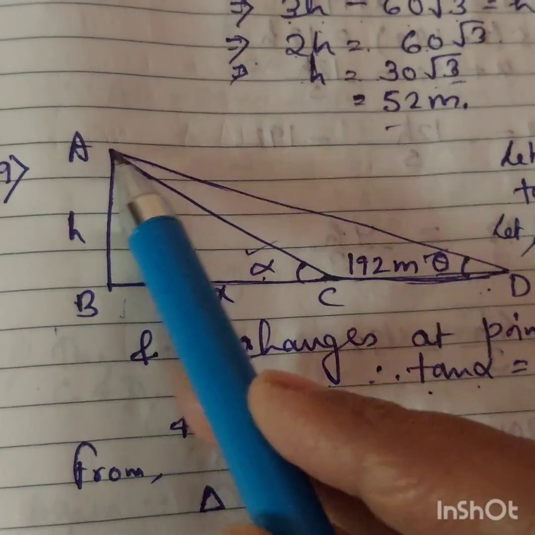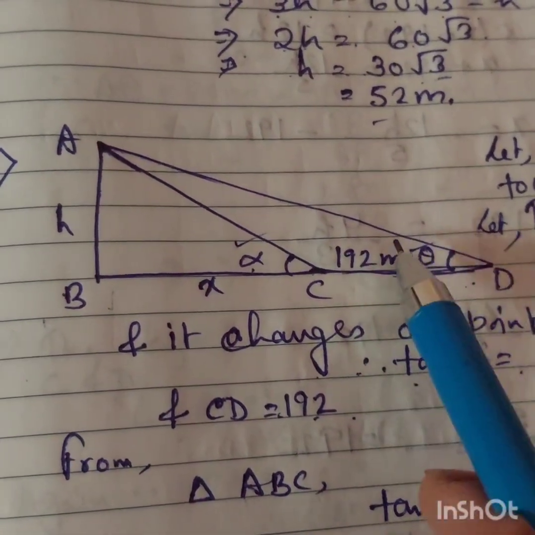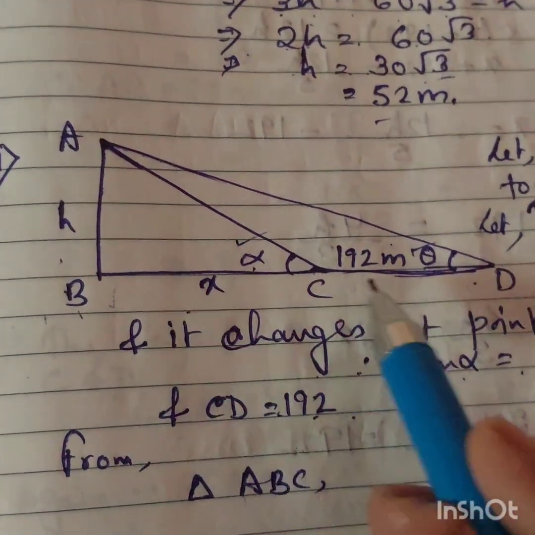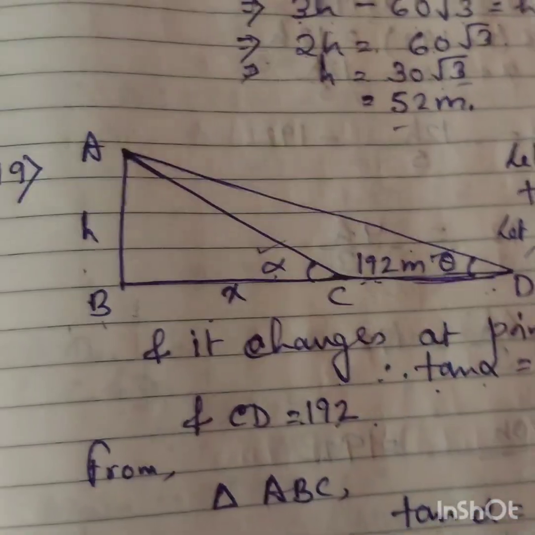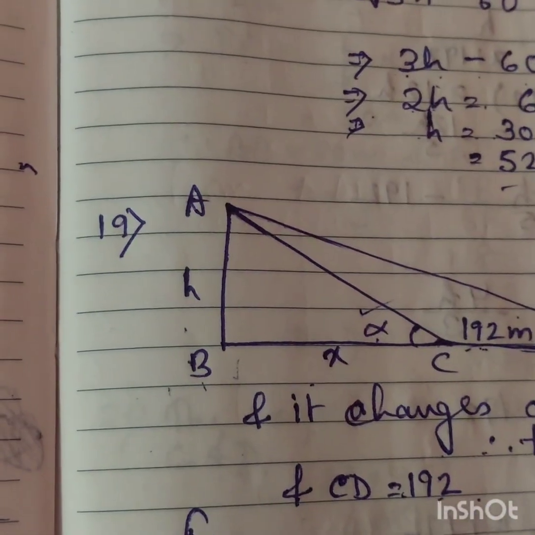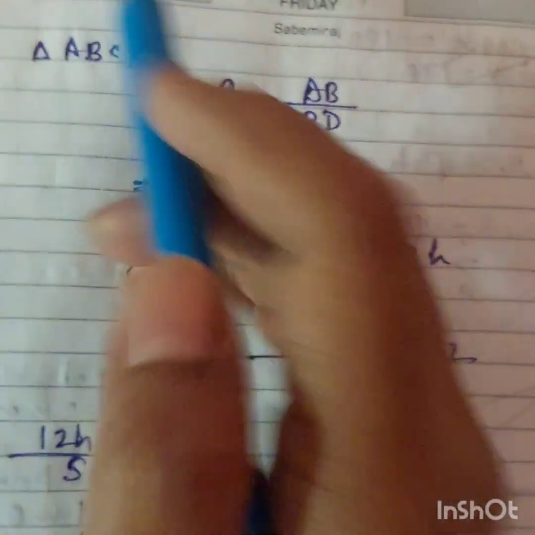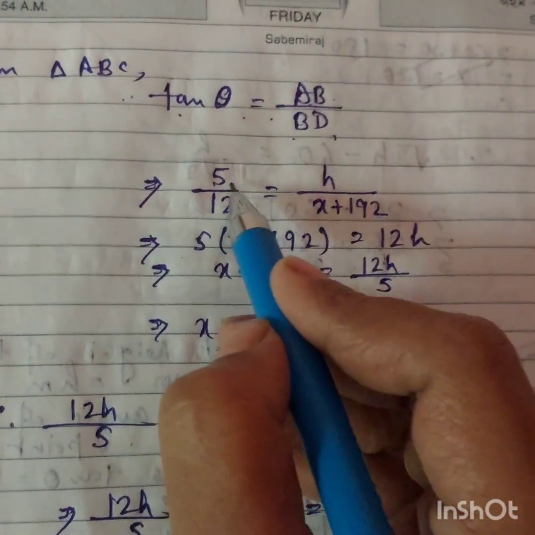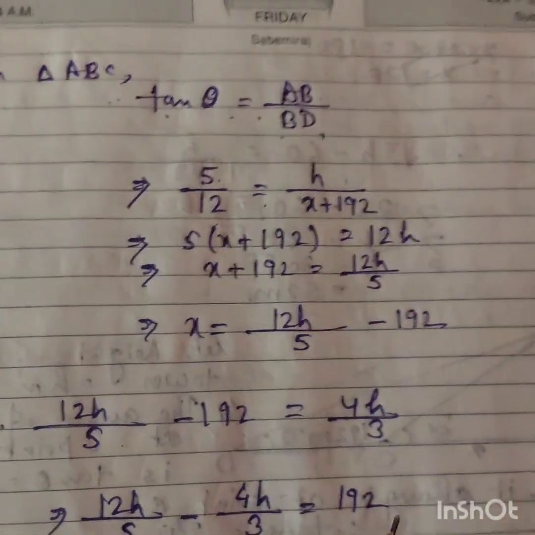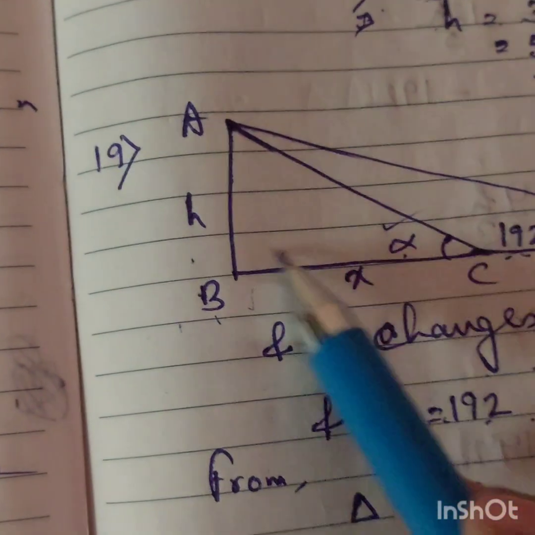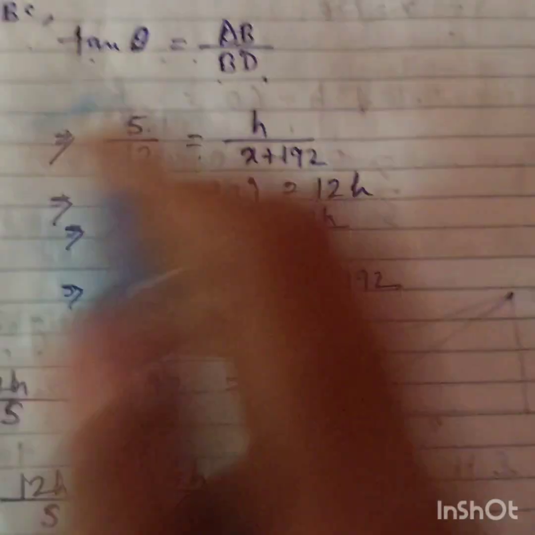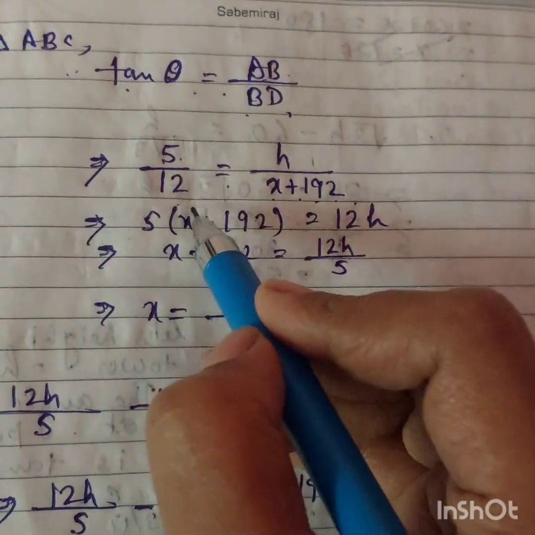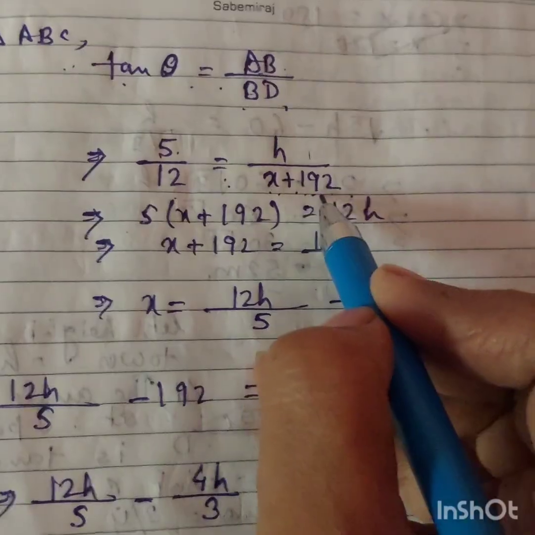Now from triangle ABD, tan theta is equal to AB by BD. That implies 5/12 is equal to AB, which is h, and BD is x plus 132. So 5/12 is equal to h/(x plus 132).